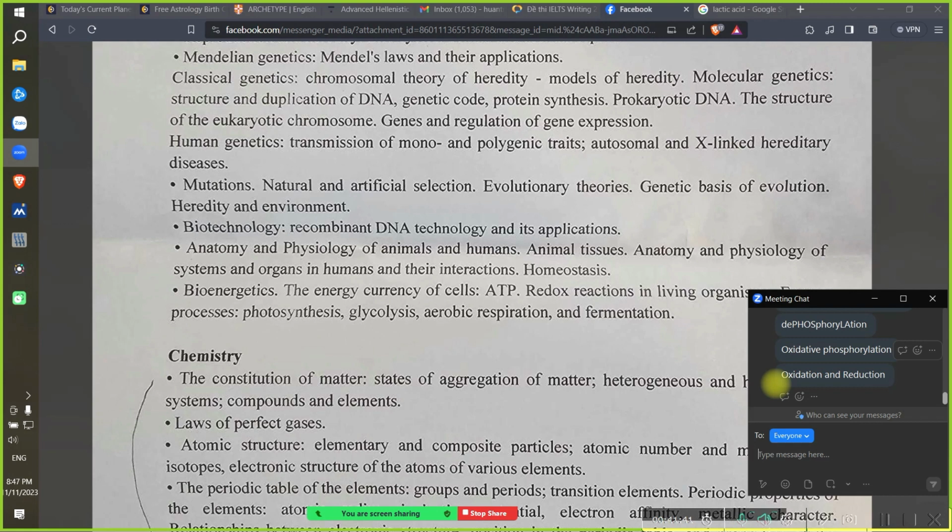So the first half, from step 1 to step 5, is called the investment phase. In this phase, we need to invest ATP molecules to get glycolysis going, so we're going to lose 2 ATP molecules.